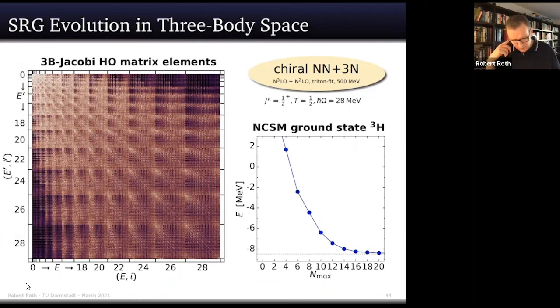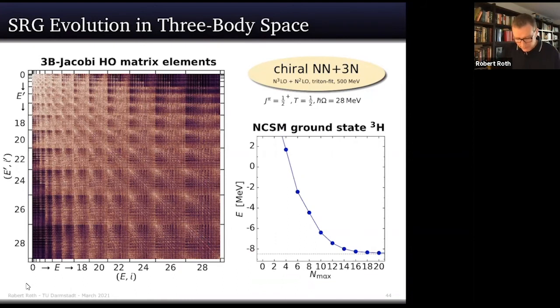And each of these blocks, which shows up in the matrix elements, corresponds to one slice of this energy quantum number E. And you see that there is a pattern. I don't know whether you see that via Zoom because the resolution is reduced, but you have these nice streaks in here. That's really symmetries again in your matrix elements that you can recover in these pictures.